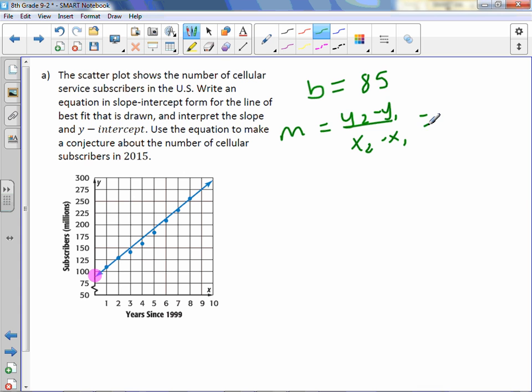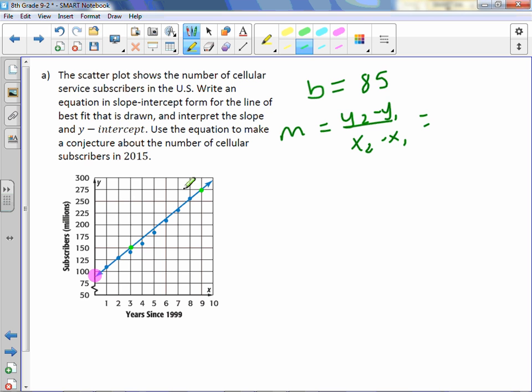But we need 2 points to use. When you choose 2 points, they have to be points on the line, not points from the data. It looks like we have a point here, and we have another point here.